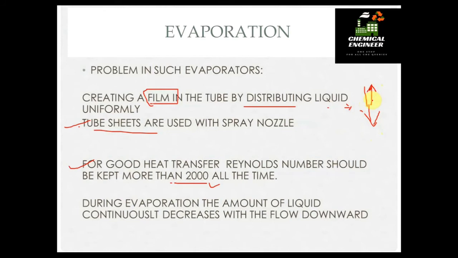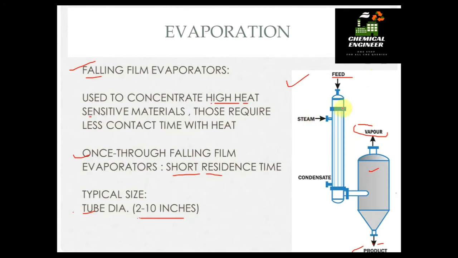So the amount of vapor increases as we go to the bottom of the evaporator tubes. In falling film evaporators, this vapor is not directly taken out, as there is no arrangement to take out vapor from here. Due to the pressure, this vapor passes with the liquid to the bottom and is then taken out in this separator.